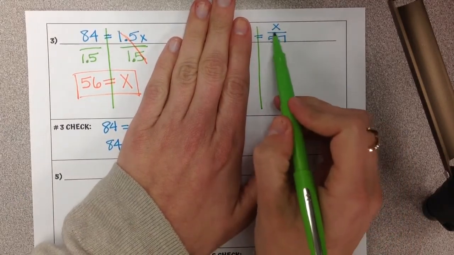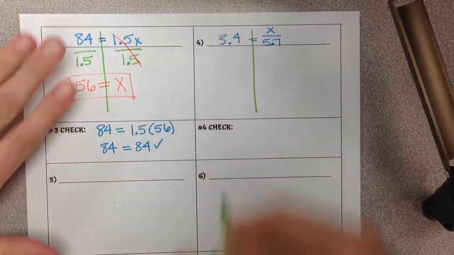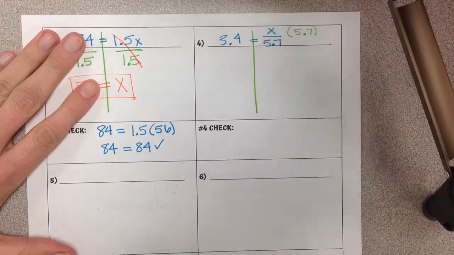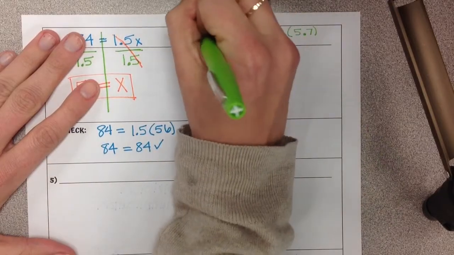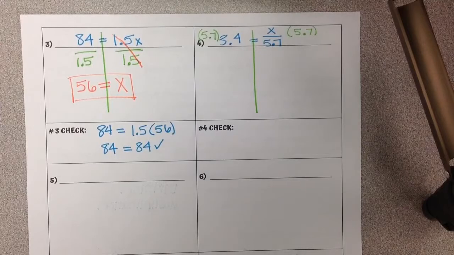So again, we have this fraction bar, which means x is being divided by 5.7, so the opposite is to multiply by 5.7. If I multiply the right side by 5.7, I need to multiply the left side by 5.7.